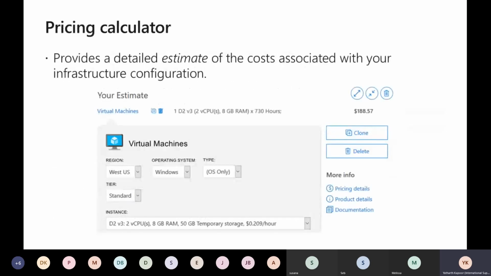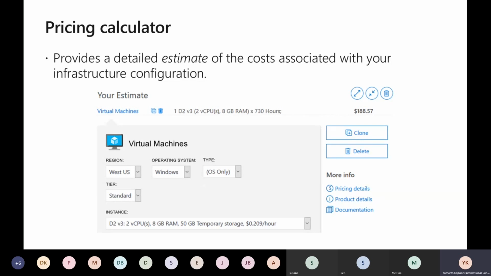Then we have this tool called the pricing calculator. We will see the pricing calculator tomorrow. What we do with the pricing calculator is find the total cost of the products that the customer is looking for. Let's say we have just given them an idea of using virtual machines.